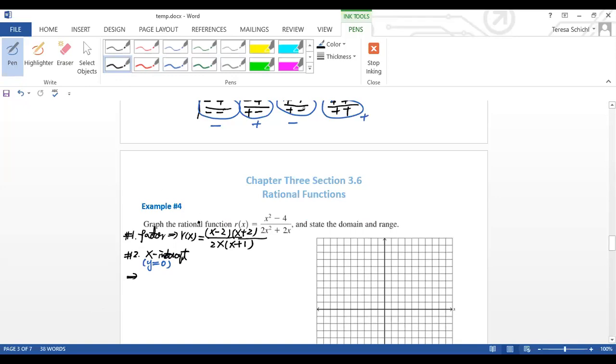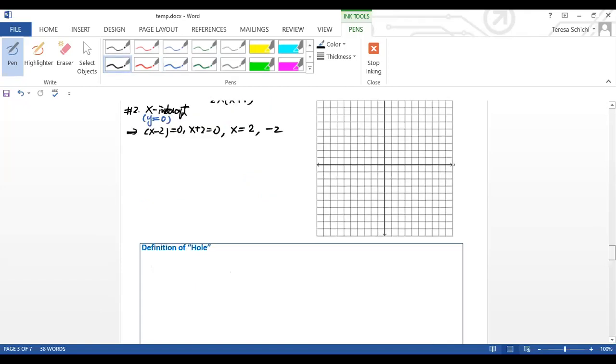So x minus 2 equals 0 and x plus 2 equals 0, which gives x-intercepts at 2 and negative 2. Now let's try to graph this one, and let's make the grid a little bit larger so we can see better.